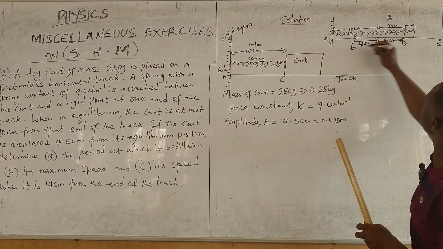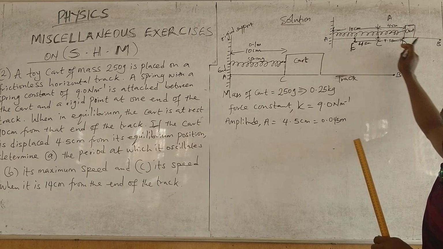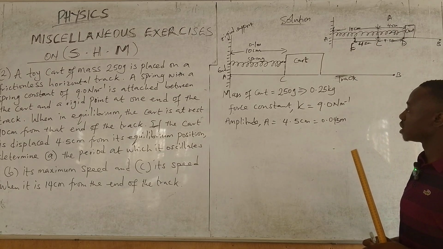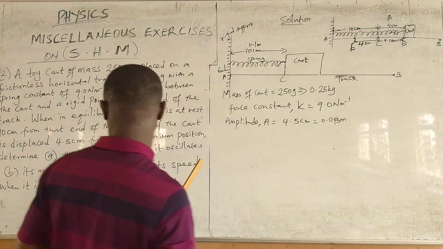From D it will move to point E, then back from E again to point D. So the amplitude is 4.5 centimeters, 0.045 meter.